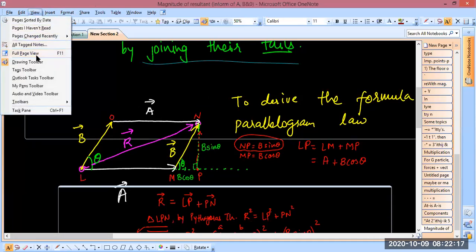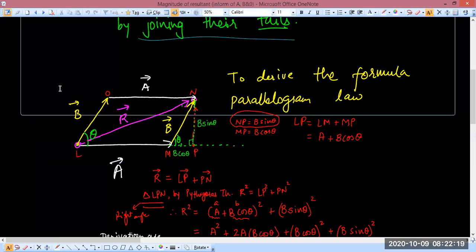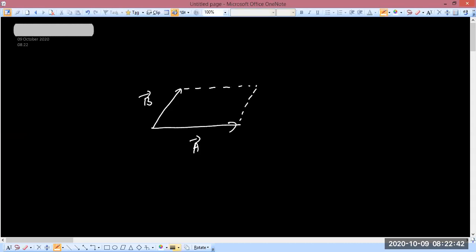Okay, let's go to a new page and let's redraw the diagram. Oh, this is too thin for you. Okay, now this is better. All right. A vector, B vector, and R vector by using parallelogram law.